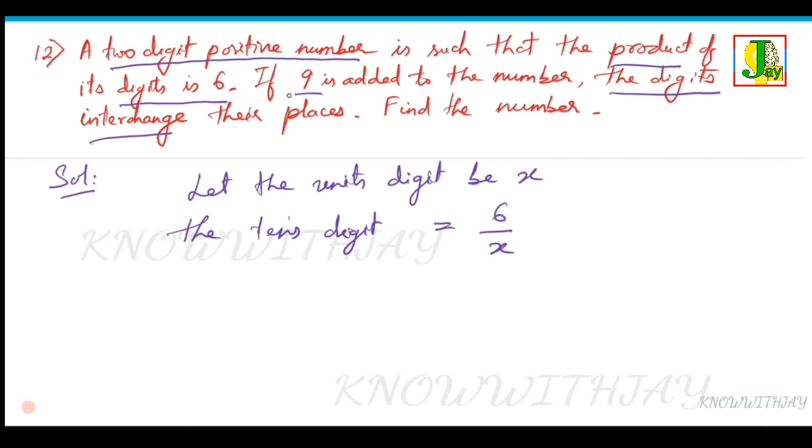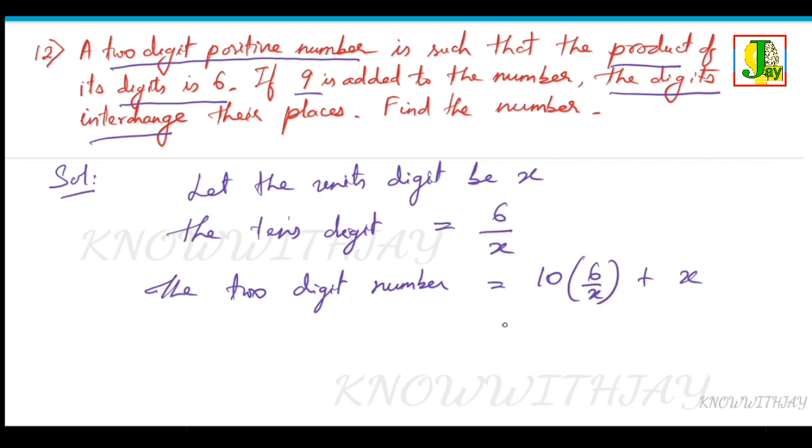Now according to the condition, if we add 9 to the number, the 2-digit number is 10 into 6 by x plus the units digit x.